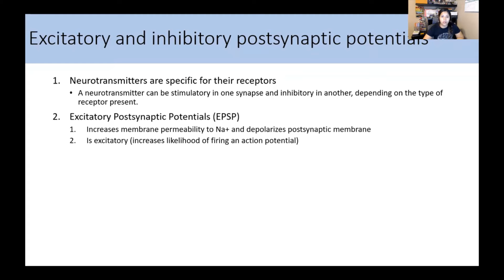That's what excitatory postsynaptic potentials do. So neurotransmitters that display EPSP are going to be ones that cause local depolarizations that bring us closer to threshold so that when we do reach threshold, we can fire that action potential. So it is excitatory. It increases the likelihood of firing an action potential. It gets us closer to that threshold.